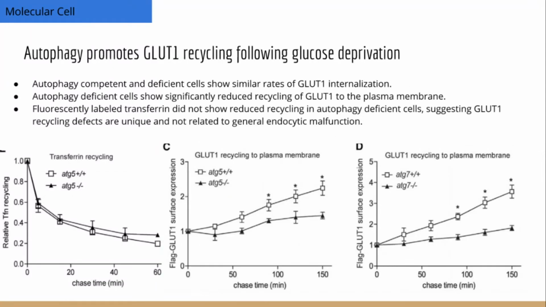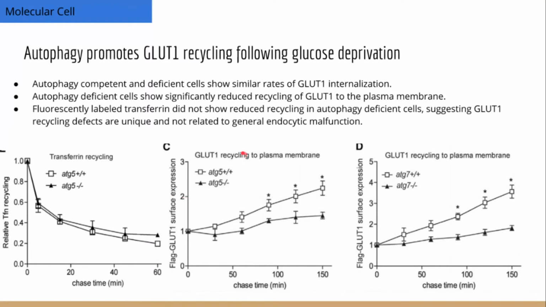So autophagy deficient cells are not responding to hypoxia, which normally demands increased glucose import and anaerobic glucose metabolism. But the question is, how do autophagy deficient cells respond to simple glucose deprivation?